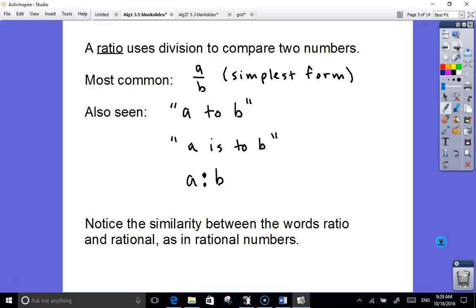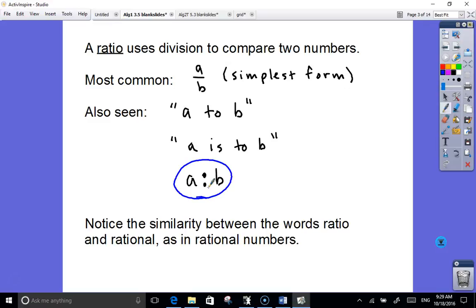They're not using a fraction format, but it means the same thing. And they could even use a colon between the two. So instead of saying A divided by B, they could say A colon B, and that's still a ratio. You don't see it often. By far, we need to know the fraction format.